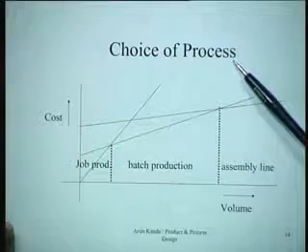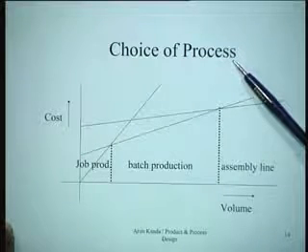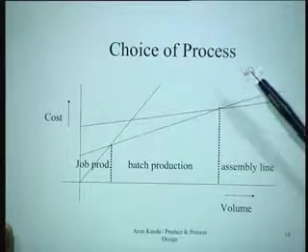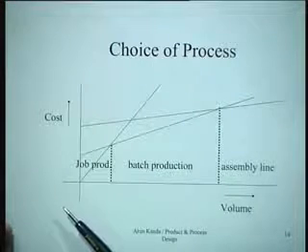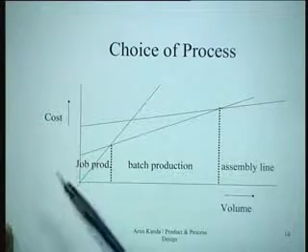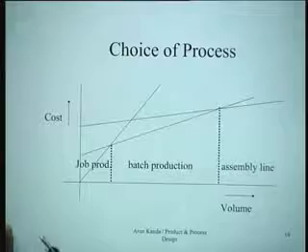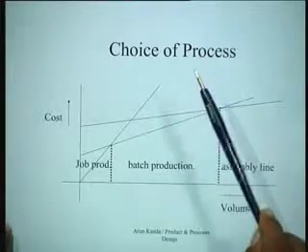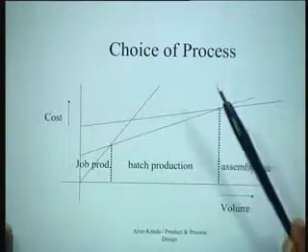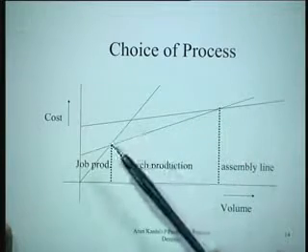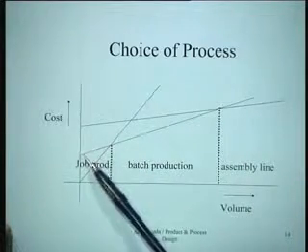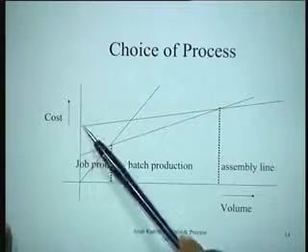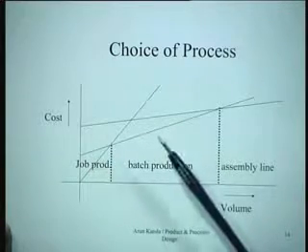When we talk about the choice of the process, what are we essentially talking about? We are talking about choice which specifies, for instance, that different processes have different features in terms of their costs. So we can talk about a fixed cost and a variable cost.